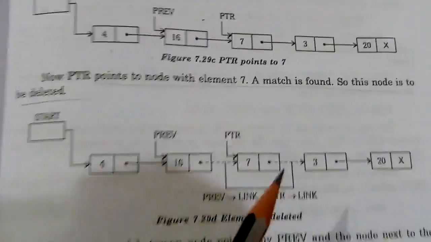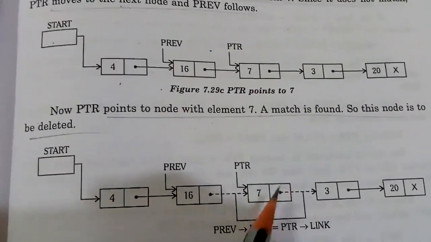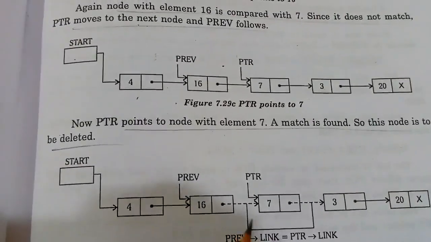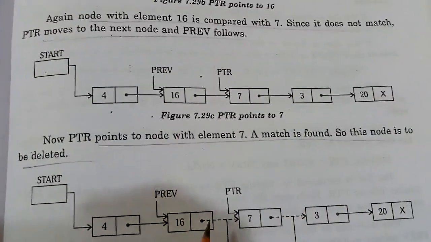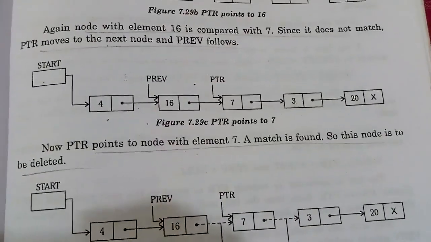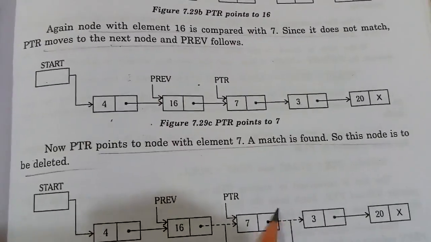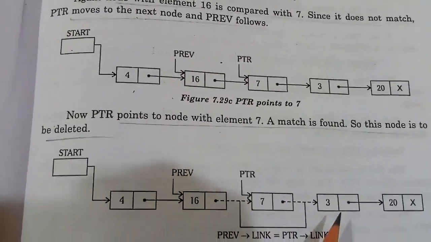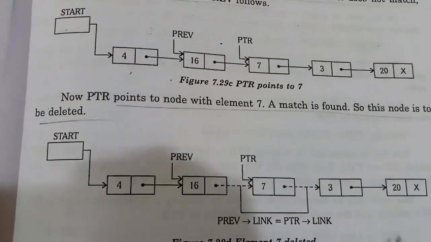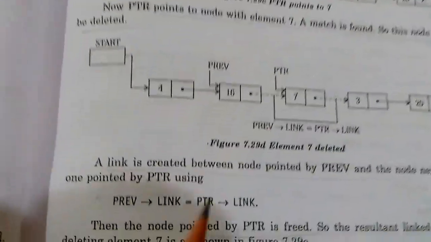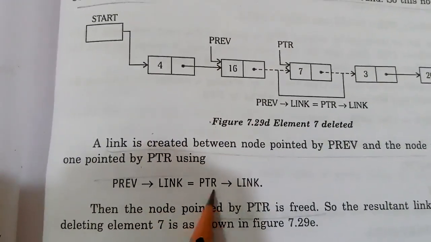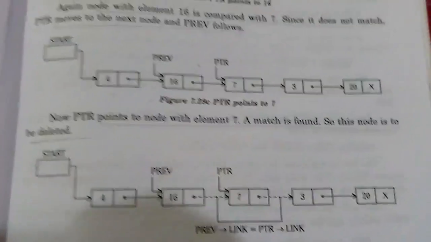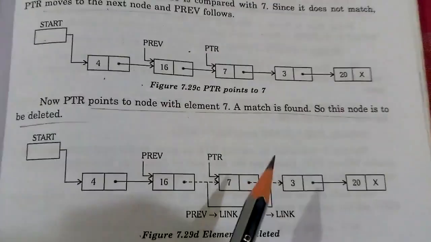Once you delete this particular node, you have to create a link between these two, which means the node pointed by the previous and the node next to the one pointed by the ptr, using these statements. Previous points to link is equal to ptr points to link, which means once the match is found, you are going to delete this particular item from the linked list.